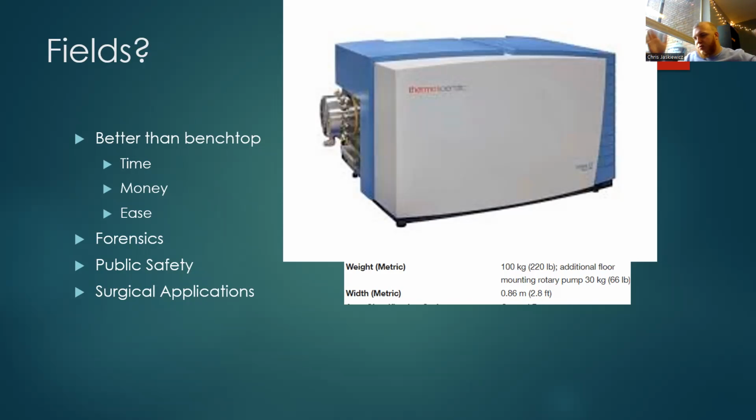So we're looking at almost 3 feet across, but we're looking at 220 pounds. Then not including the additional 66-pound pump that goes along with that. So now you're taking an almost 300-pound instrument, and we're now able to miniaturize that and take it into roughly 10 to 15 pounds, somewhere around.